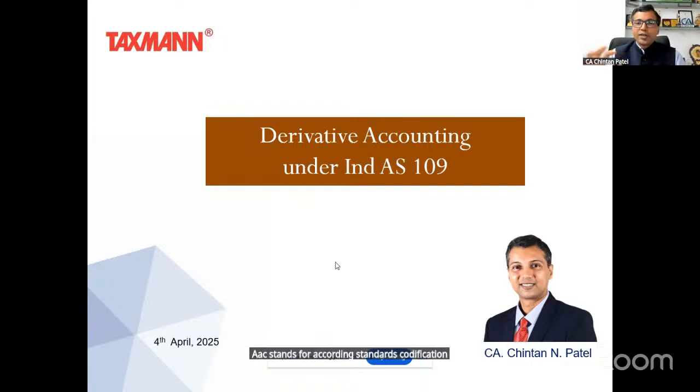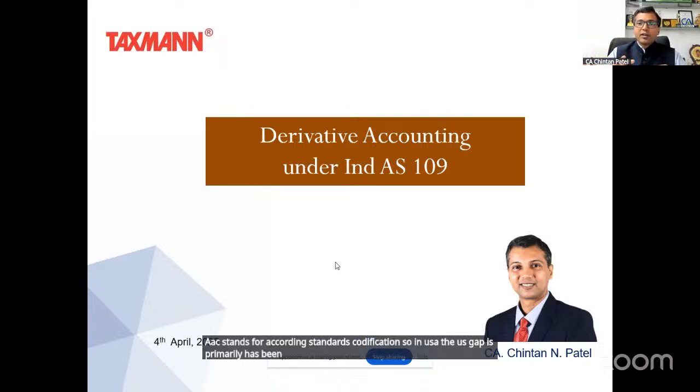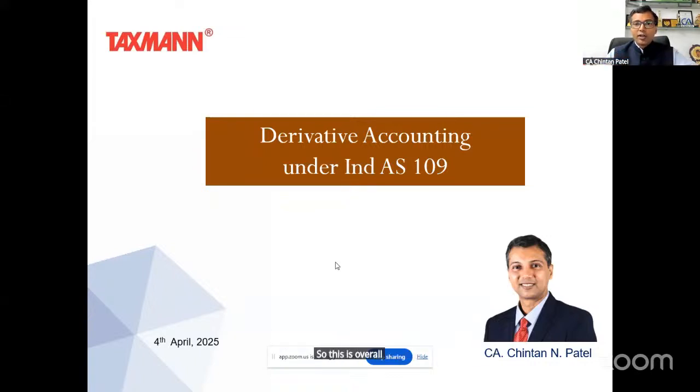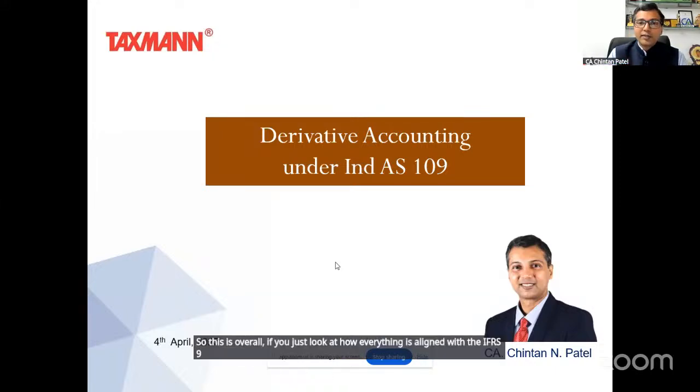So in the USA, US GAAP has been formulated primarily as part of the ASC. ASC 815 is again in line with Ind AS. However, US GAAP provides much more detailed guidance. So this is how everything is aligned with IFRS 9, and that's why when we talk about Ind AS 109, we are also discussing IFRS 9.